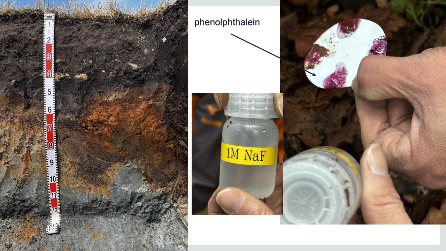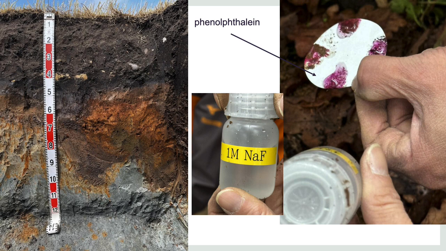But of course, we have some tips to identify the melanic pattern, or at least the index properties, in the field. Okay, and what I learned from the Japanese soil scientists is that they use phenolphthalein to identify the material and also sodium fluoride. Okay, they take filter papers and they embed them with phenolphthalein.